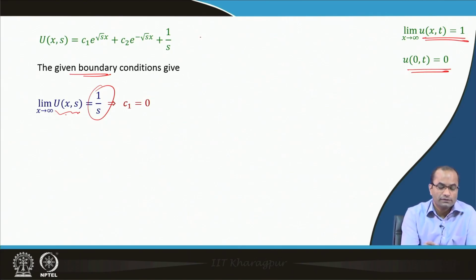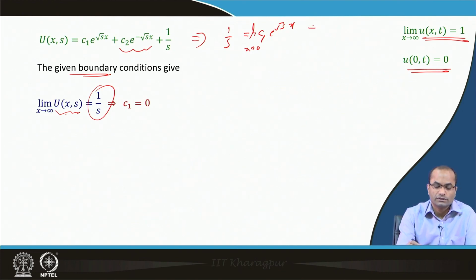So, when we apply this, we have 1 over s, and then we have c 1 e power square root s x, where the limit we are taking is x goes to infinity. The second term will vanish anyway because it has a minus exponent.